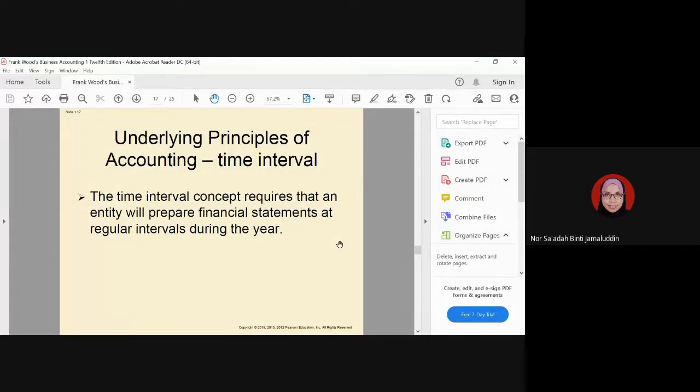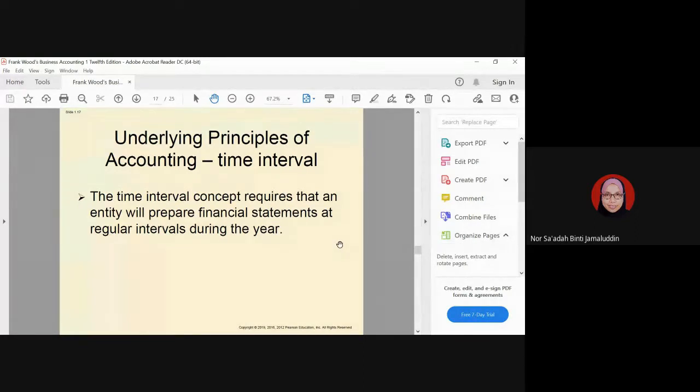Regular interval, maybe every month, maybe quarterly, every 3 months, maybe 2 times a year, and so on. Okay, depends on which organization your company is referred to. Contohnya, kalau awak punya company ni didaftarkan di SSM, Suruhanjaya Syarikat Malaysia.